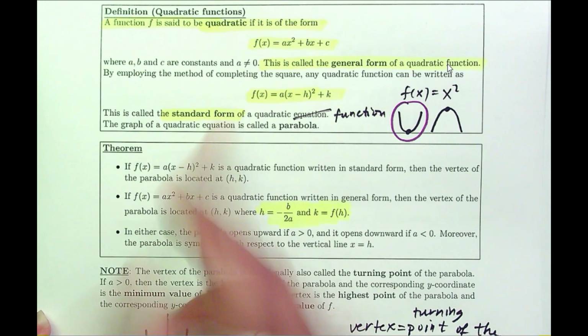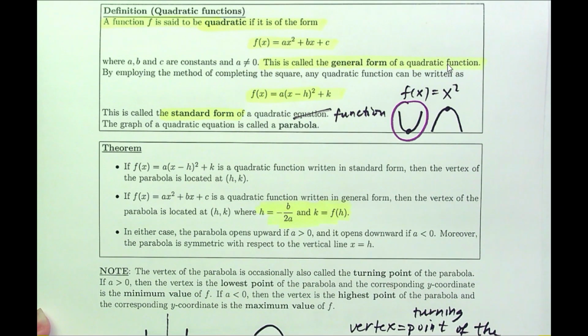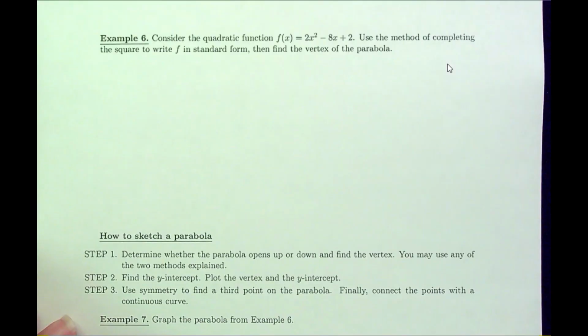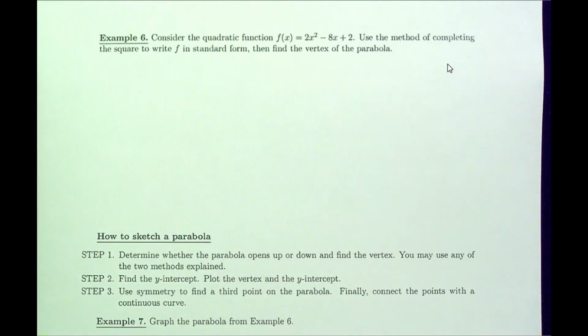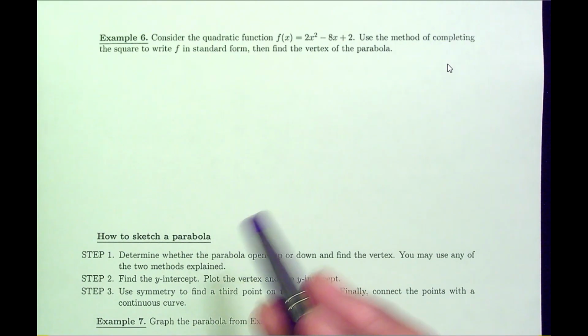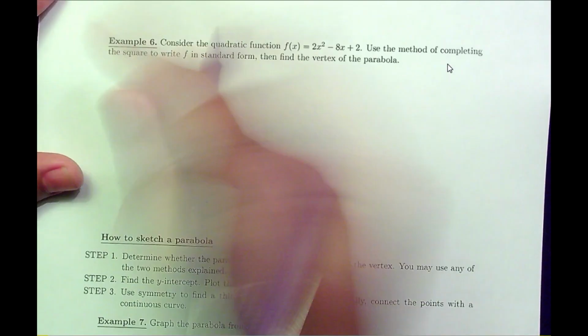So instead of memorizing the formula, you can just apply the completing the square method and get the same answer. So I'm just going to do one example without using the formula, just using the method of completing the square. But again, you can do it any way you want. If you like the one I'm about to explain, then you can use it instead of the formulas.